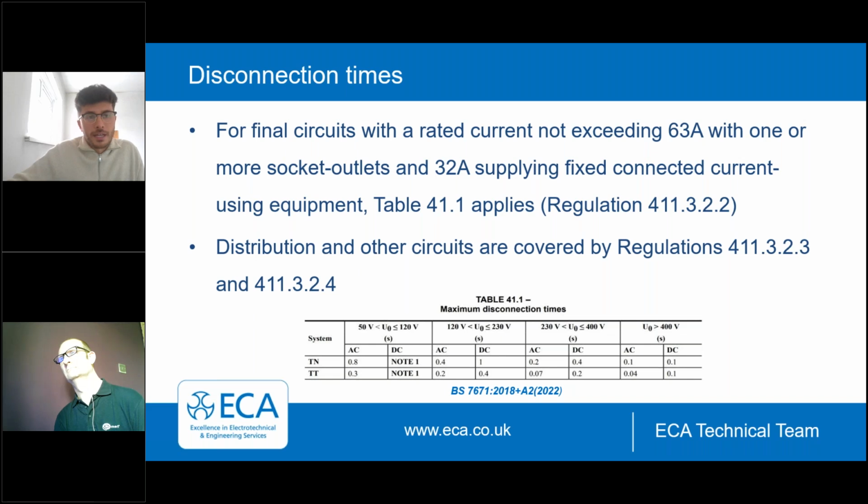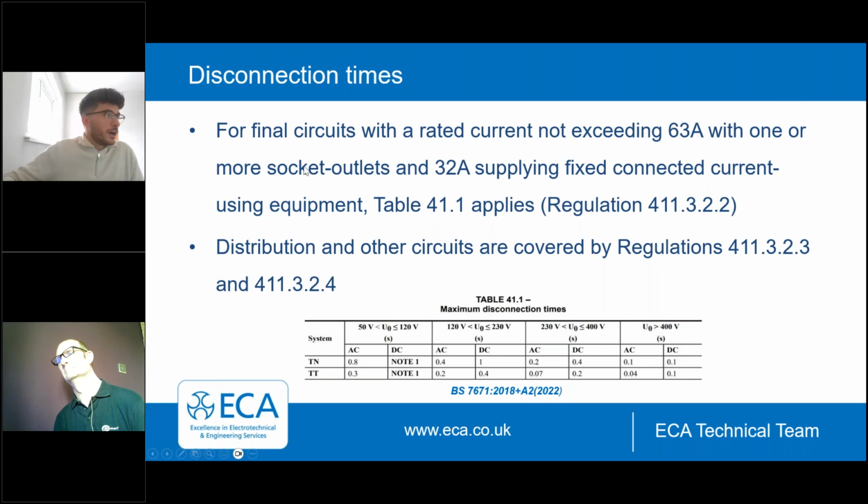So looking at the disconnection times. For final circuits with a rated current not exceeding 63 amps with one or more socket outlets, and up to 32 amps supplying fixed connected current using equipment, so again final circuits, then table 41.1 of BS 7671 applies. And again, this is in relation to regulation 411.3.2.2. So looking at the bottom of the screen here, we have table 41.1.